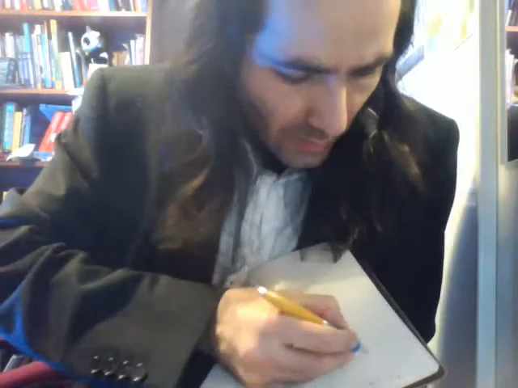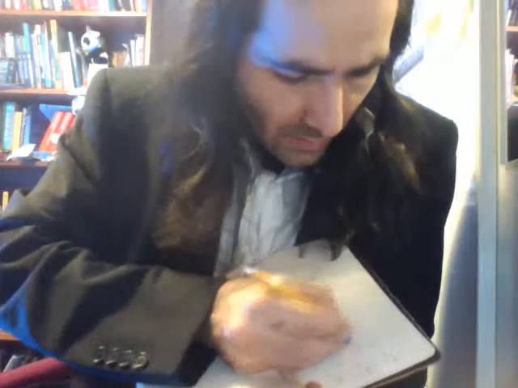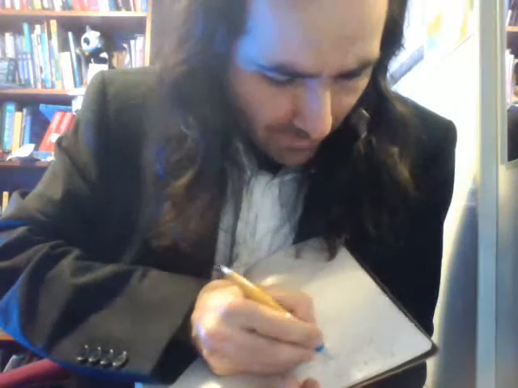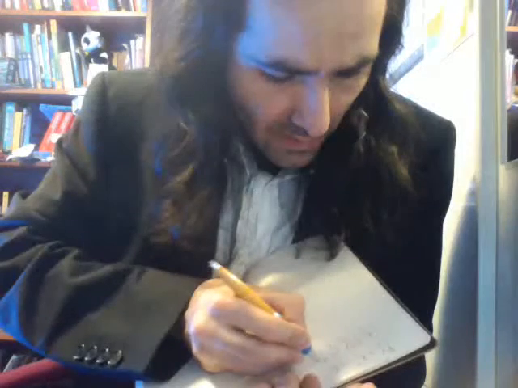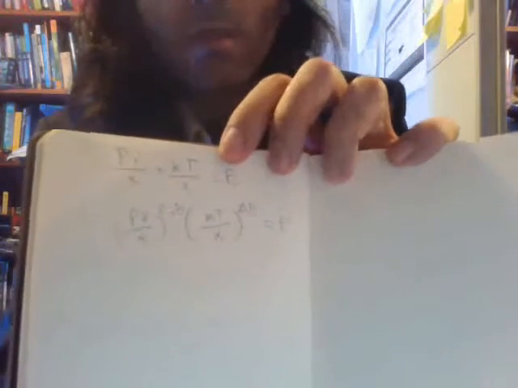I could also turn it into a PV per x to the power of half times KT per x to the power of half is F. That's the second force. That's 2 forces.